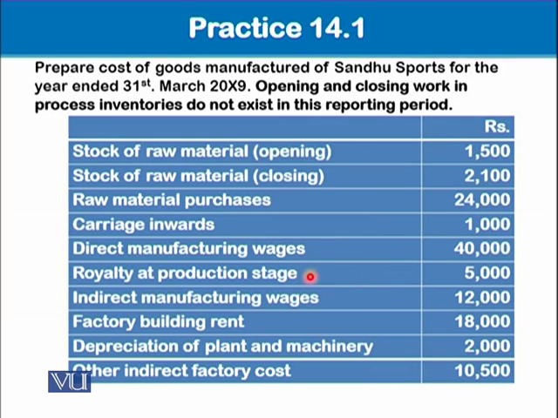This is the other direct cost, because we can identify this at each cost unit level. Then indirect manufacturing wages, factory building rent, depreciation of plant and machinery, and other indirect factory cost. All this information we will be using in preparing the manufacturing account.